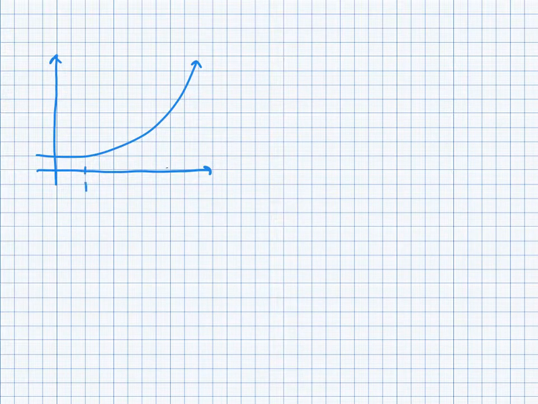I'm just going to have 1 here, 2, 3, 1, 2, 3, and 4. And now, as we had before, we're going to have 1 and then 1.5, because we're going to have 6 intervals. So 2.5, 3.5.